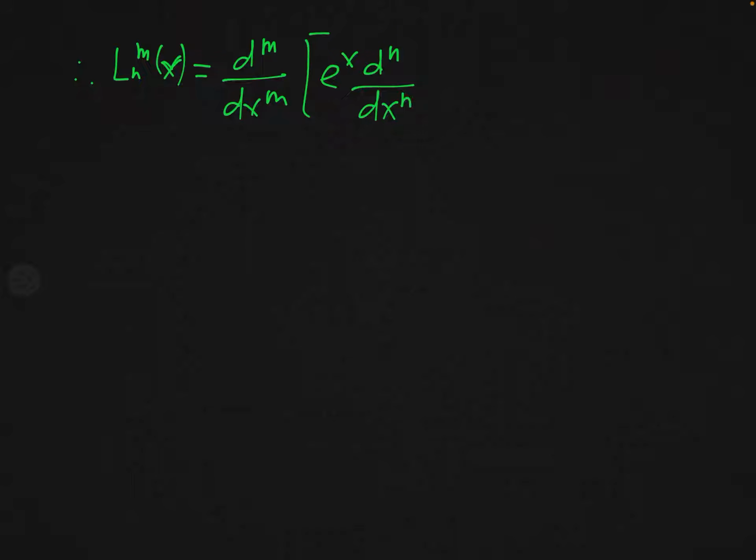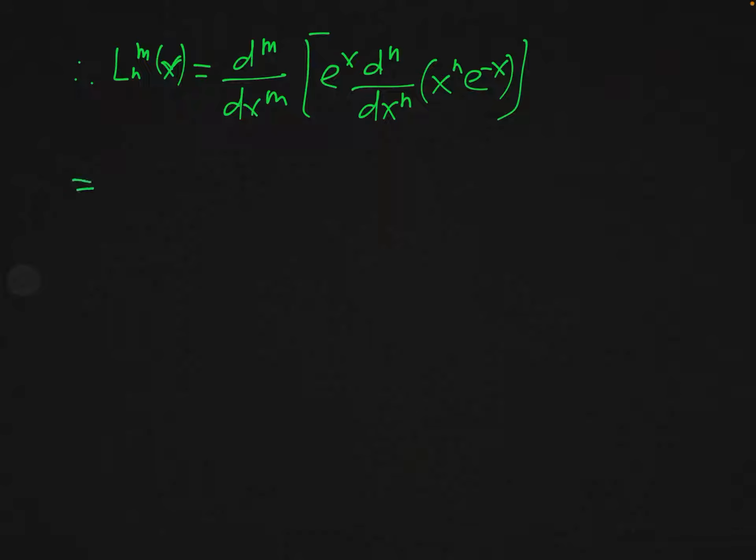That will actually be the Rodrigues formula for associated Laguerre polynomial. So, you can write L_n^m(x) equal to d^m/dx^m, and instead of ln of x we will write e^x d^n/dx^n (x^n e^(−x)).